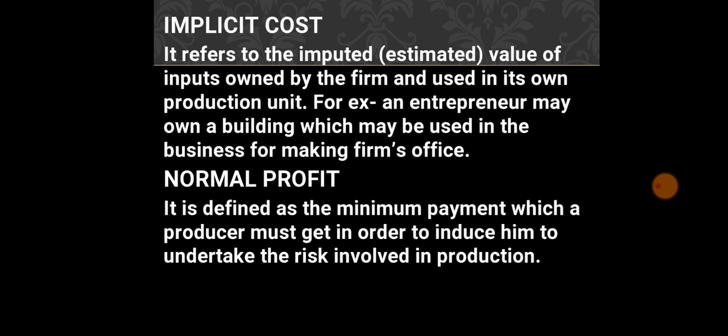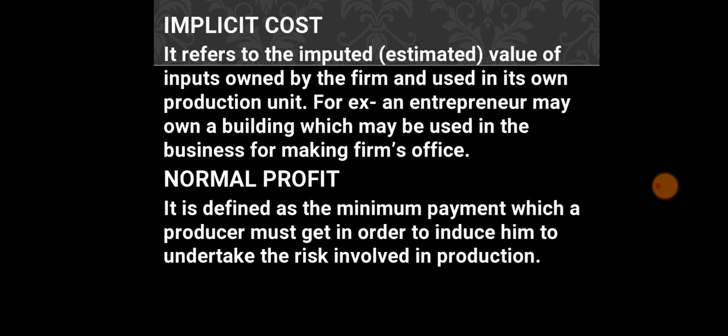Now comes the normal profit. Normal profit is defined as the minimum payment which a producer must get in order to induce him to undertake the risk involved in production. As we all know, whenever a producer or a firm owner starts a business, there is some risk in it.